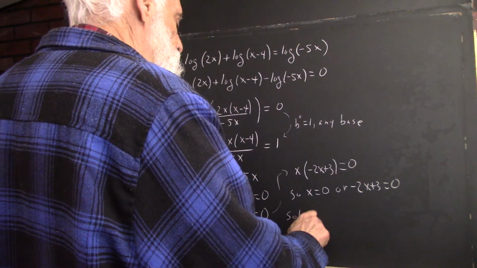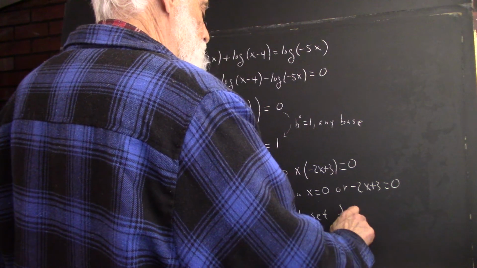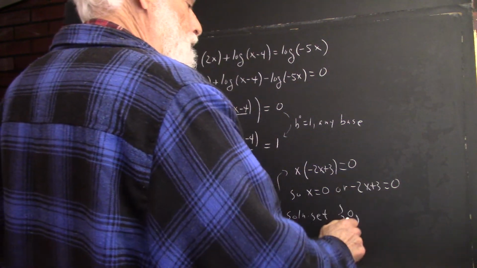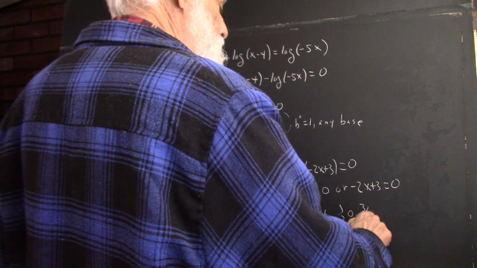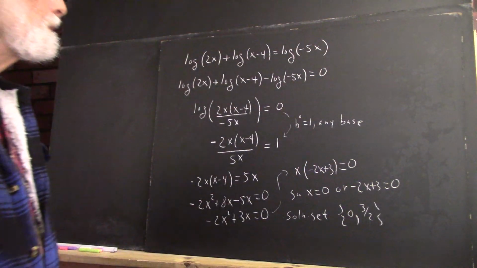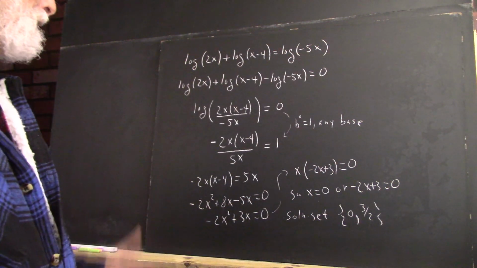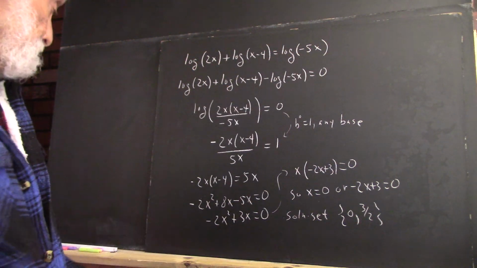So our solution set is 0, and if we solve this we get x equals 3/2. So this equation that looked like it might turn out kind of nasty turns out to be pretty easy.